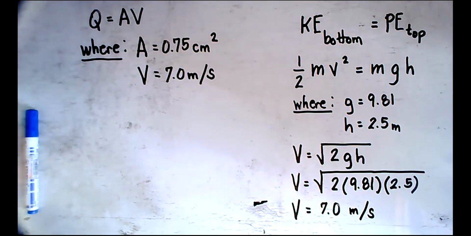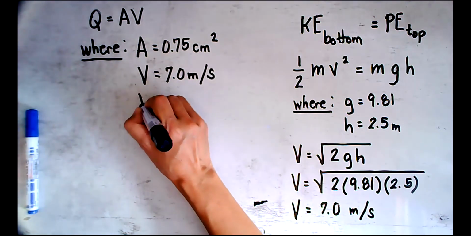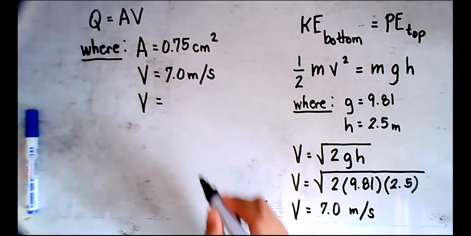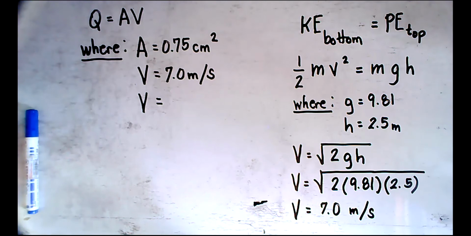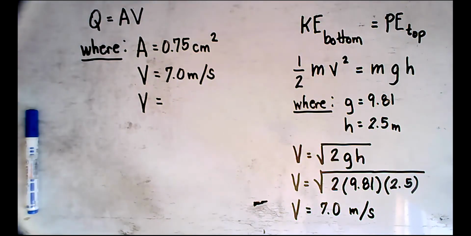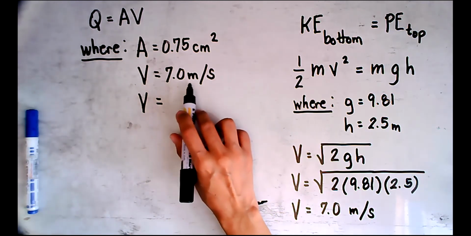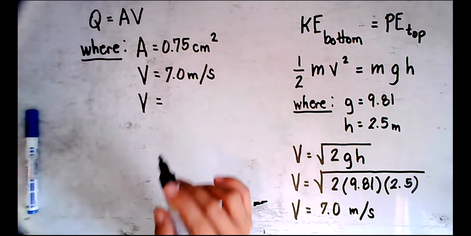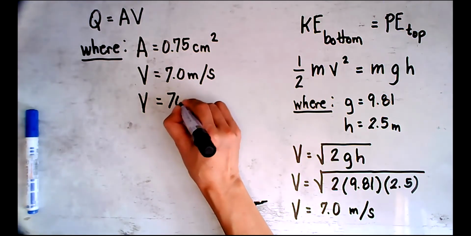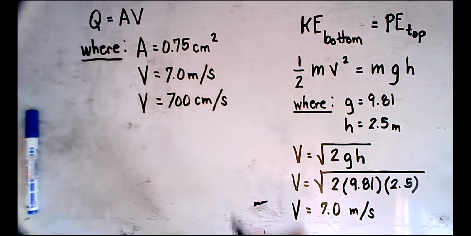The technique here is that we have to be consistent with the use of the units. Since the area is in square centimeters, we might as well express the velocity in centimeters per second. Or you can use meters, and convert 0.75 square centimeter into square meter. So we convert the 7 meters per second into centimeters per second, which is equivalent to 700 centimeters per second.